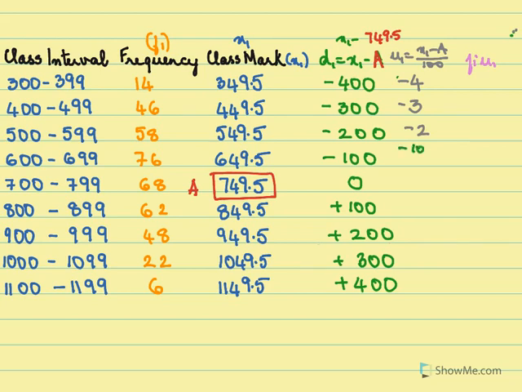Next is minus 100. Divide by 100 to give minus 1. Then 0. Divide by 100 is 0. 100 divide by 100 is 1.